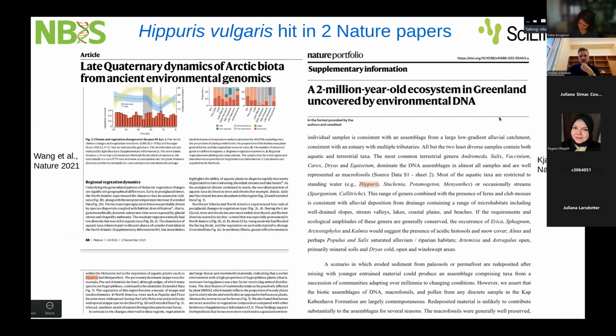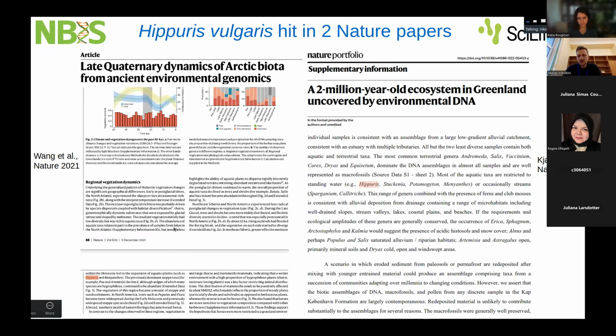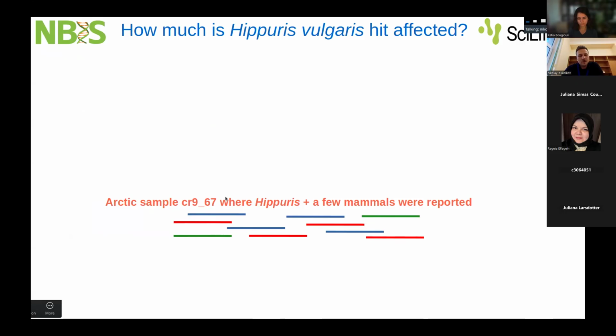Also, Hippuris was mentioned in these two Nature papers, and we did a quick lookup. We just took one sample from this Arctic study, in which Hippuris vulgaris was reported together with a few mammals.